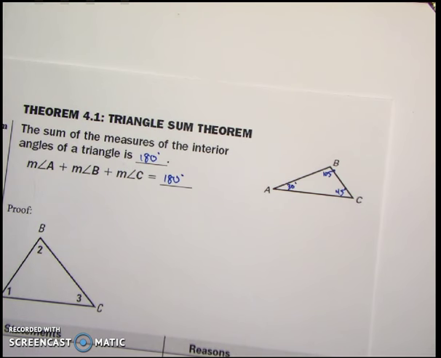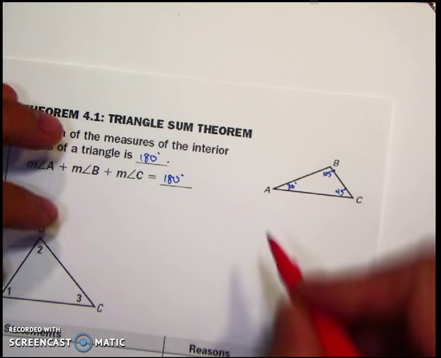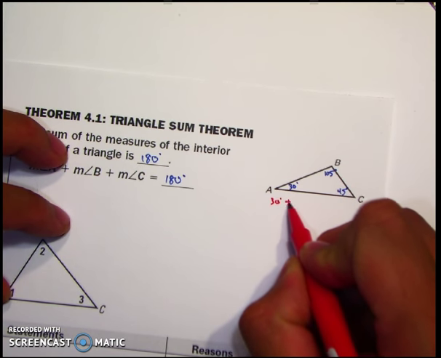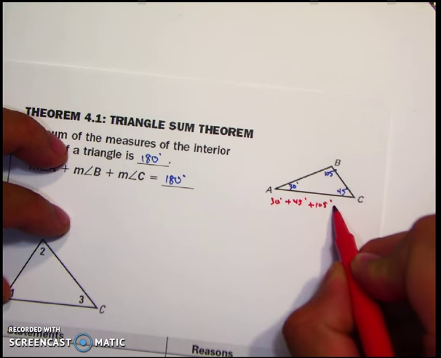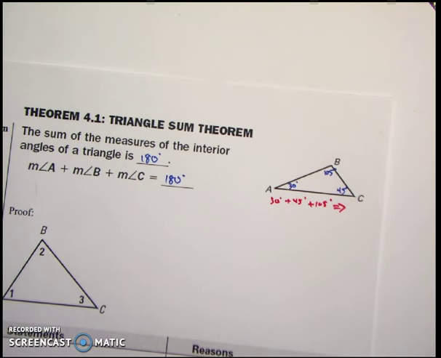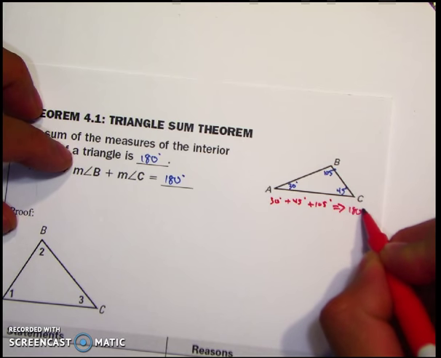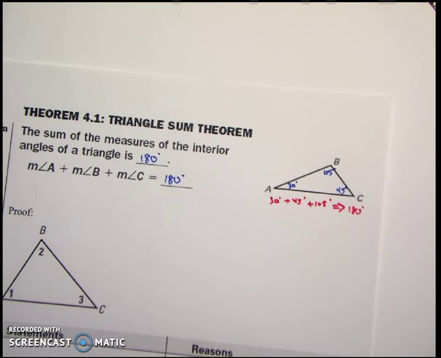And then when you add them up, 30 plus 45 plus 105, you can discover that it equals how many degrees? 180 degrees. So no matter what triangle it is, the angles all add up to 180 degrees. Notice that the sides are not equal to 180 degrees. Just the angles. So make sure you realize that.